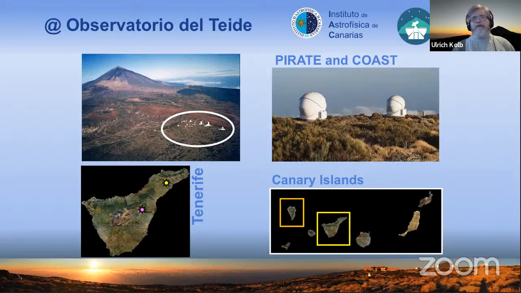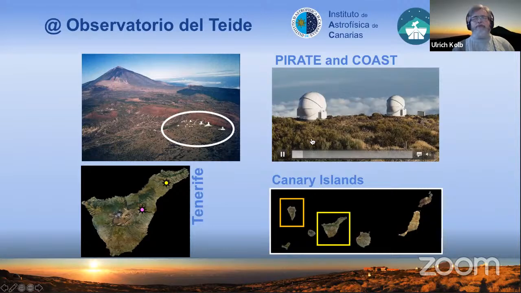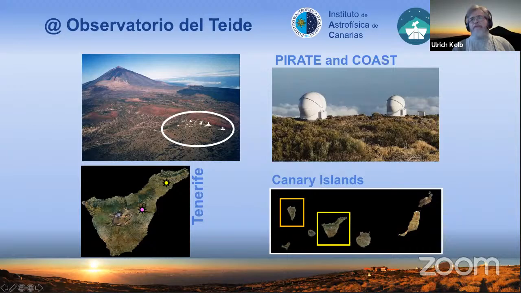It has almost to the meter the same height above sea level, and is in the same way above what they call the Sea of Clouds, as can be seen here in the background of our two domes. So we have two domes here, Pirate and Coast, they're called, and similar seeing, often sub-arcsecond.